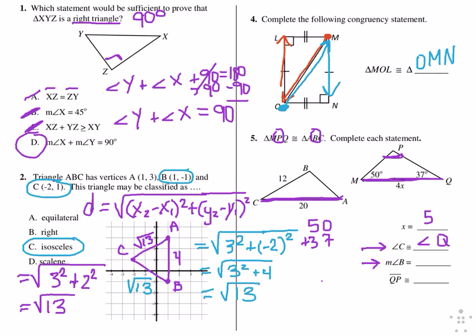So I can subtract 87 from 180, and what do we get? 93. That means that the measure of angle B is 93 degrees. So notice how I'm writing a number instead of a letter.